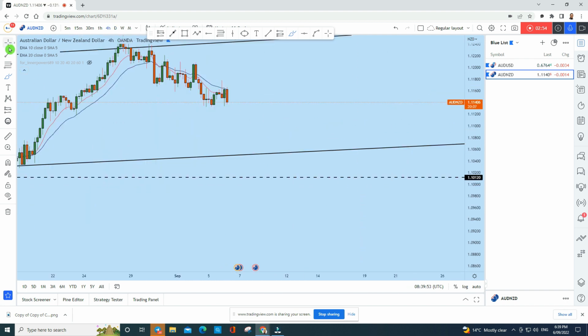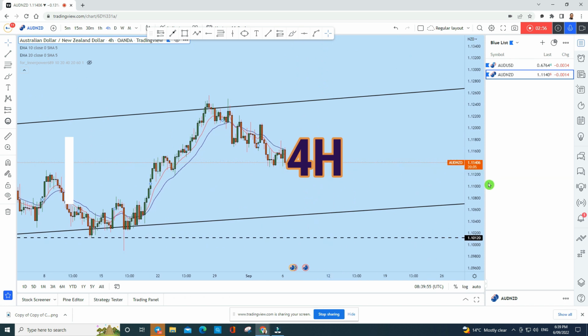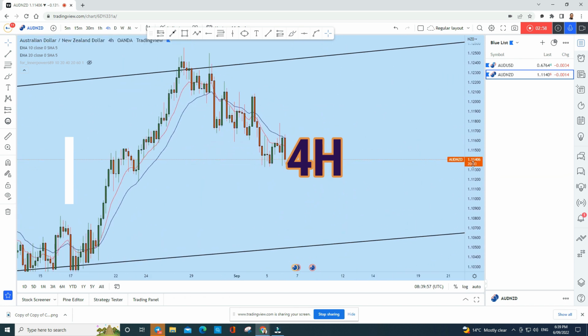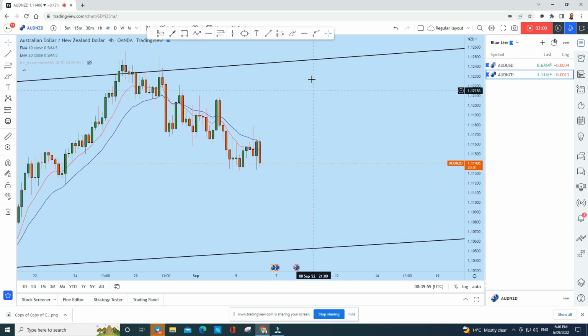So if you look at the intraday time frame on the 4 hour, this current candle is closing 20 minutes from the time of recording, but this is what we see: a nice looking retest of the 20 period moving average. There is a rejection from the top, and we see currently this one is closing as a bearish engulfer.